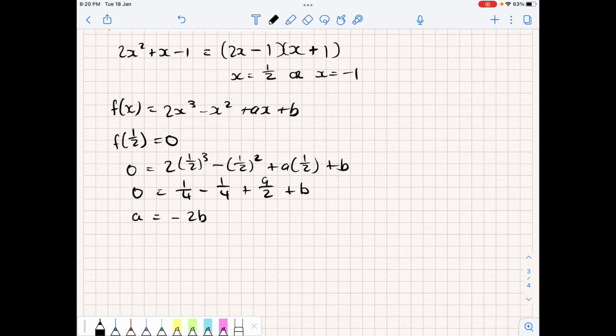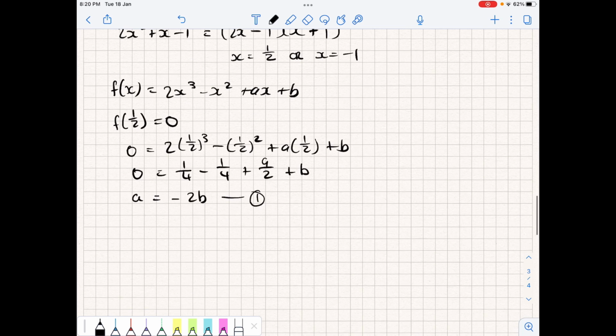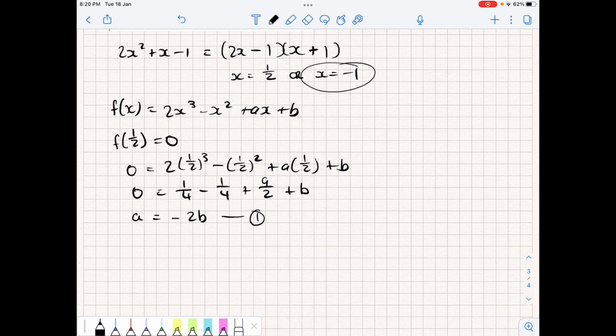I've just multiplied the whole equation through by 2 and moved the b over to the other side. So I've solved for one of the variables, which is going to be useful as our first simultaneous equation.